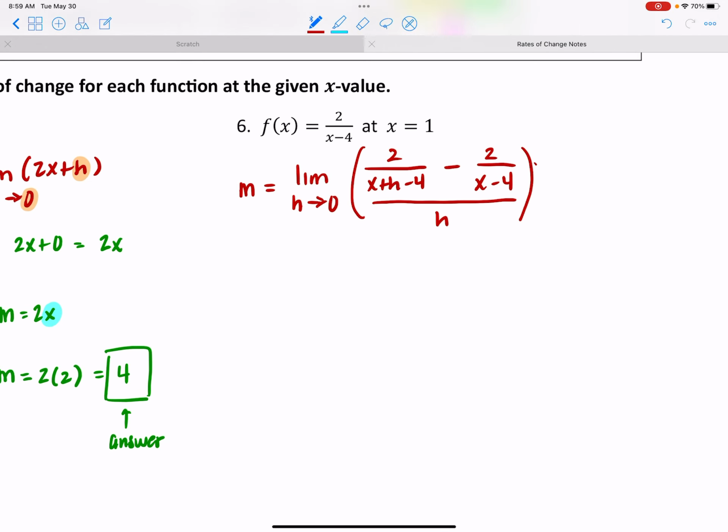Now I'm going to do some side work to clean up this difference quotient before I actually try to find the limit. So these two fractions need to be subtracted. I need a common denominator to make that happen. So I have 2 over x plus h minus 4. I'm trying to subtract 2 over x minus 4, and then I'm trying to divide by h.